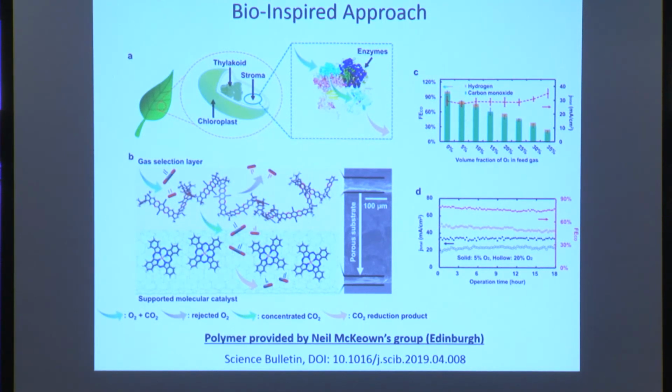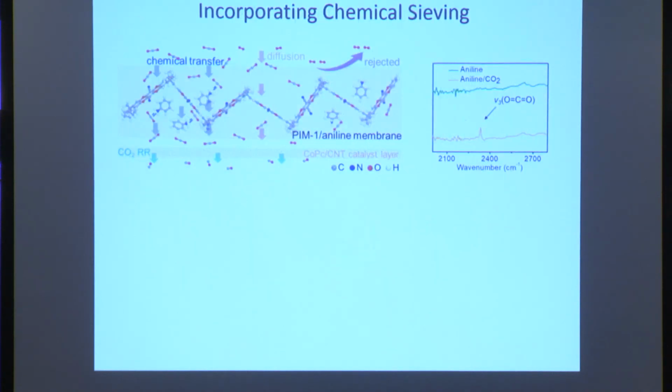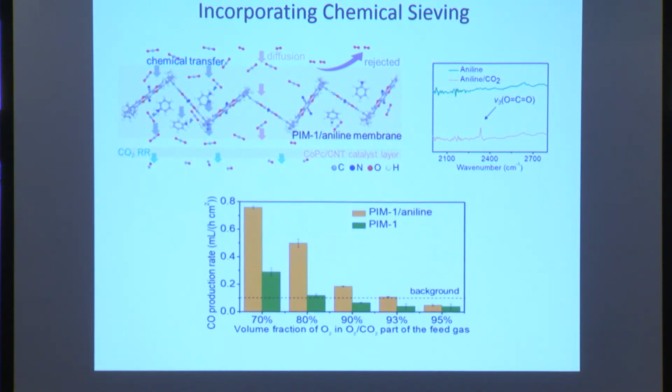When it's 5%, you can work, right? And this is physical. If we want to further enhance it, we can add something that chemically interacts with carbon dioxide. That further increases the separation and gets it to even higher selectivity. So now, with 90% oxygen, you can still convert the carbon dioxide.